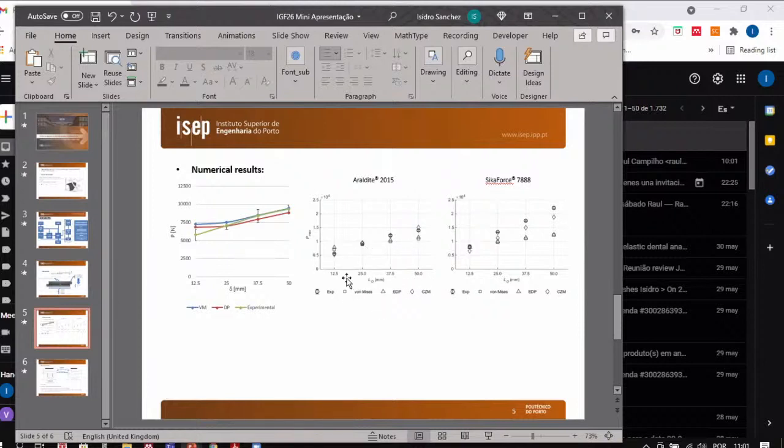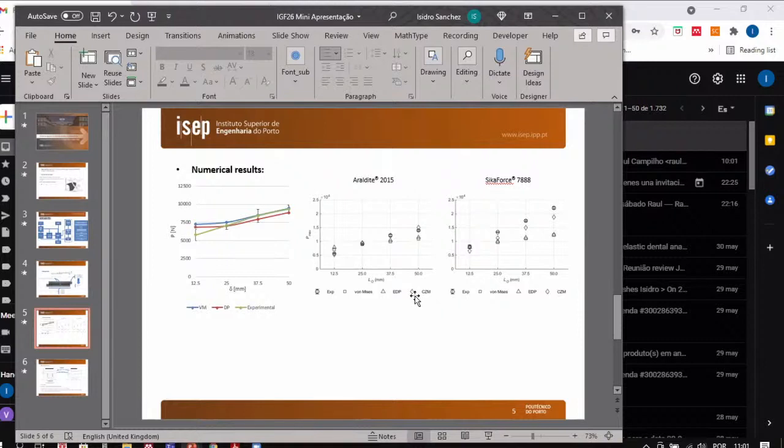It can be seen as well that the exponent Drucker-Prager is always providing slightly higher strength values compared to the von Mises. However, for the 37.5 and the 50 millimeter cases, our strengths are a little bit below, up to sometimes 20% in the larger overlaps.